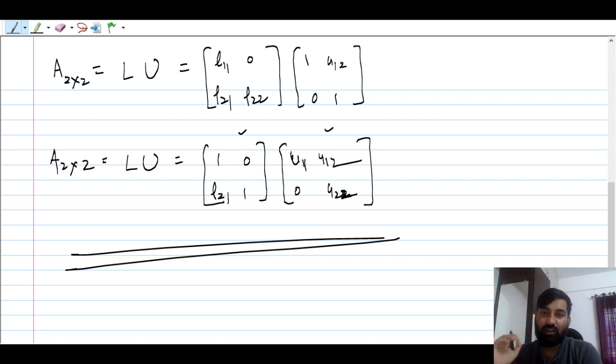Whenever you want to decompose, I have told you many decompositions. I have talked about eigen decomposition, where any matrix is given and you are factorizing that matrix. I've talked about diagonalization and similar matrices.